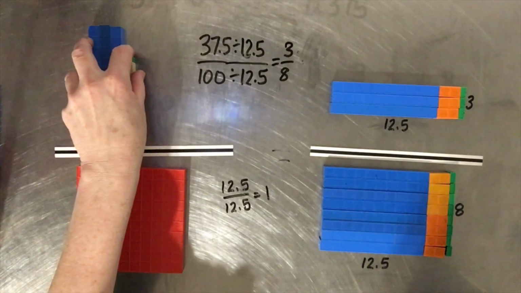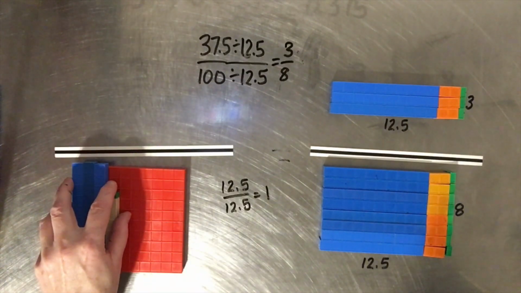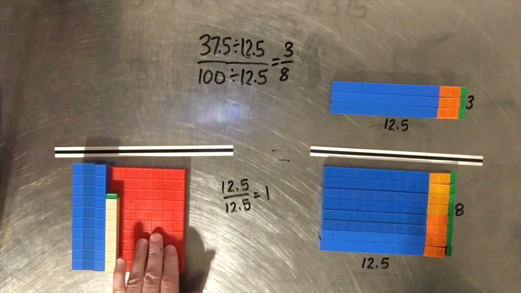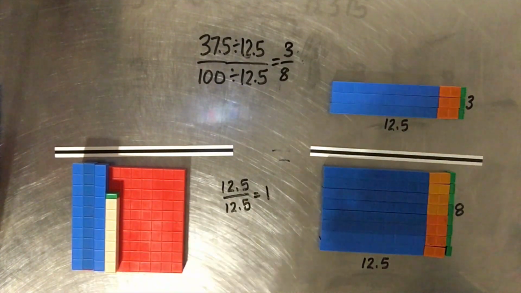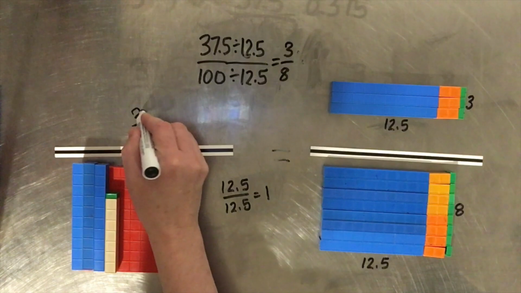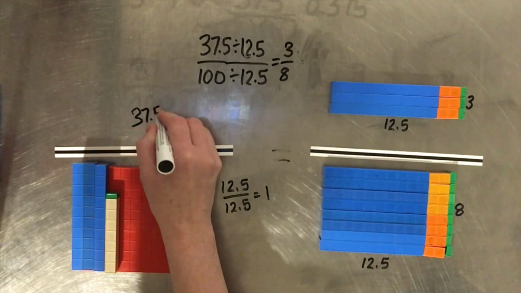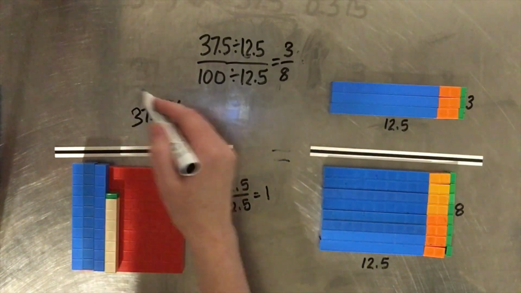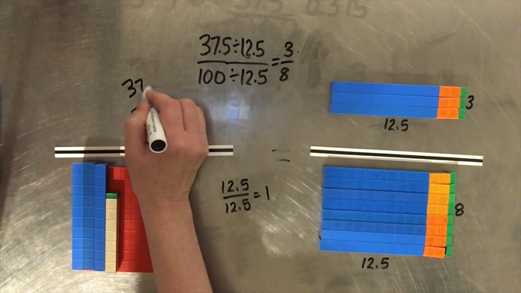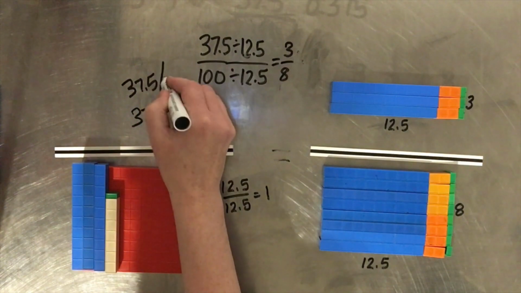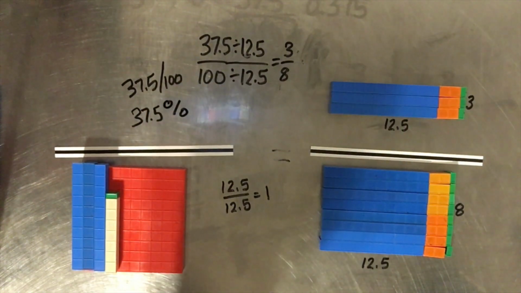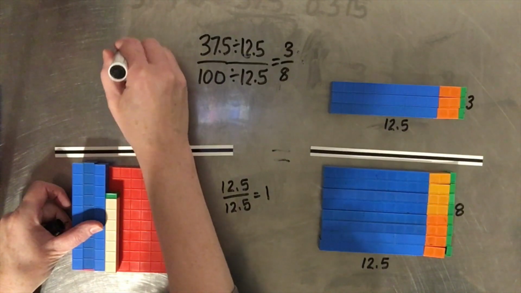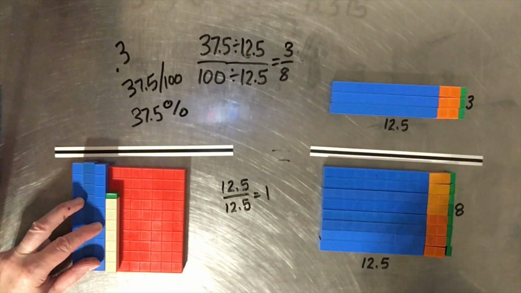And you can put this on top of here if you wanted, and you can see that that's 37.5 out of 100, which is also the same as 37.5%. You could also write that as a fraction, 37.5 out of 100. And if you wanted to write it as a decimal, well, you have 3/10, 3 of these blue ones.